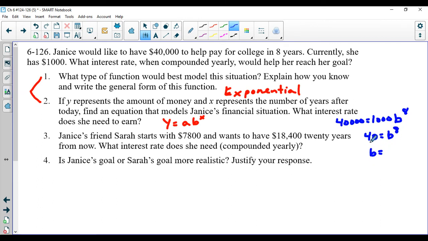And if I do the 8th root of 40, I'll know what my b value is. So the 8th root of 40 is approximately 1.59.